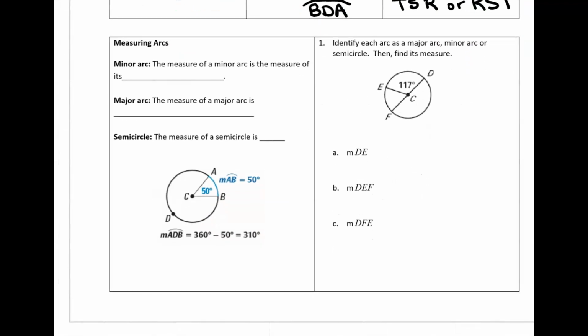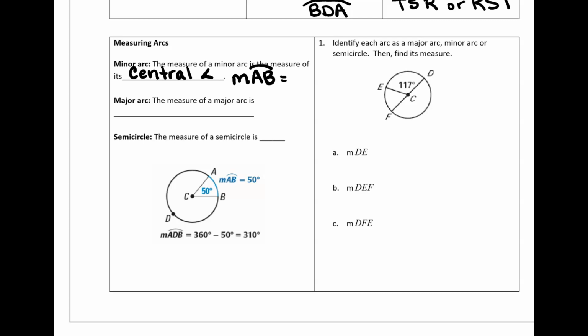Now, with a minor arc, as we have seen before, it says the measure of the minor arc is the measure of its, this is very, very important, its central angle. Central angle. So, and we now say the measure, we add the M of arc AB equals.